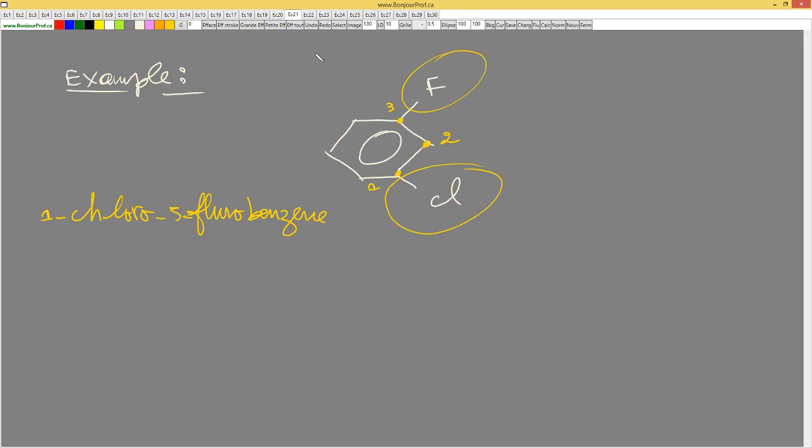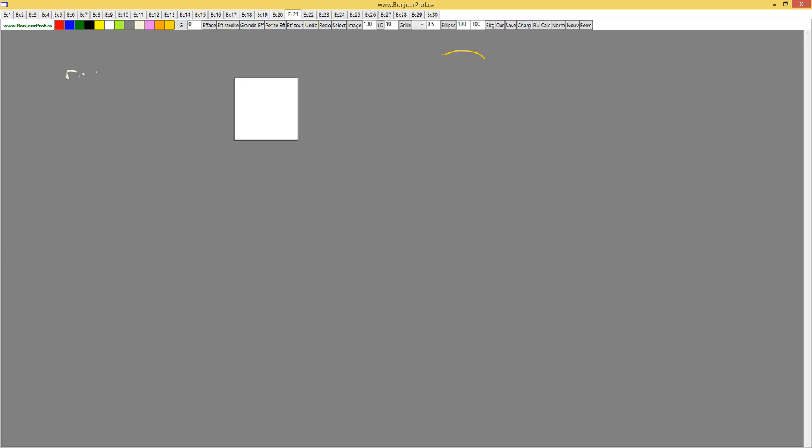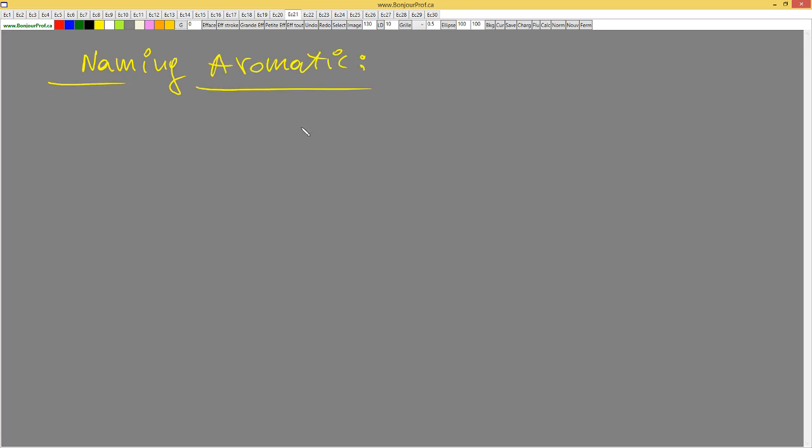Now we go to the naming. How are we going to name compounds with the benzene? So I'm going to say naming aromatics. The rules of naming are the same as the ones that we did. We're going to take only some examples. Say I have here a ring. We call it benzene ring.